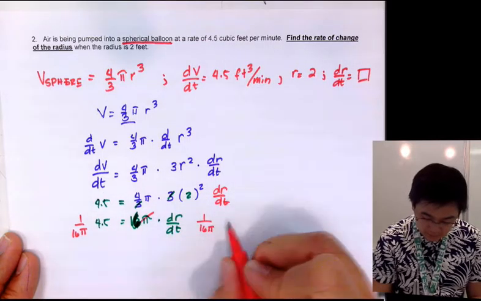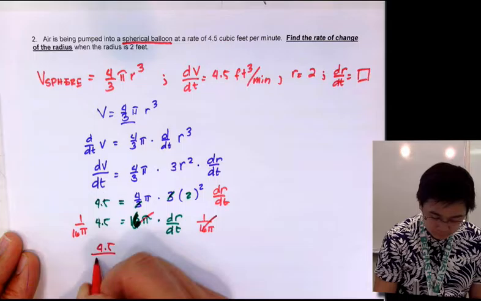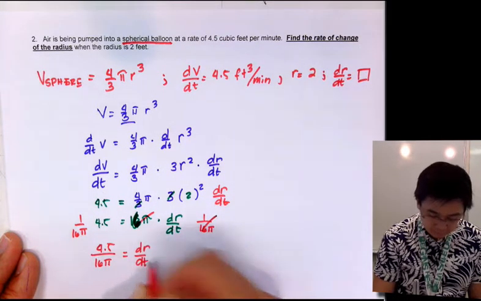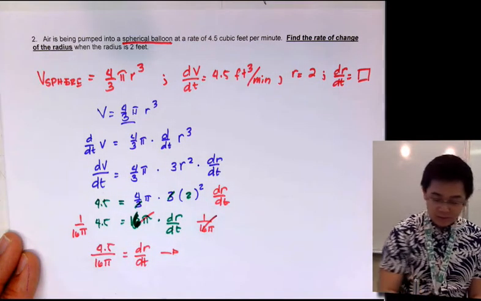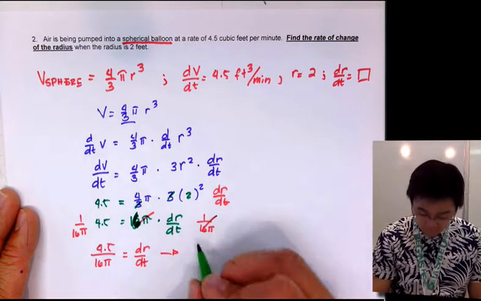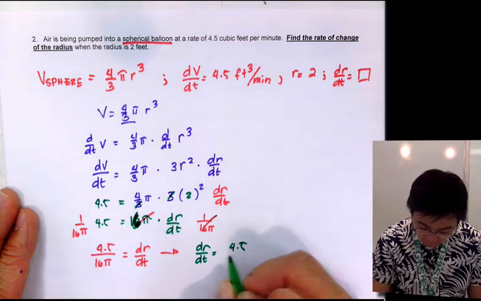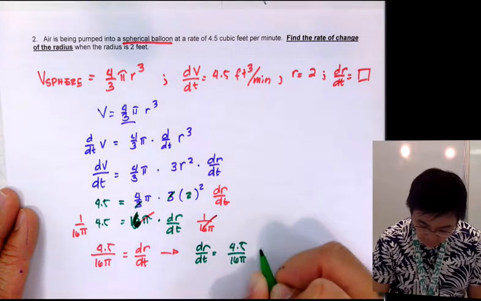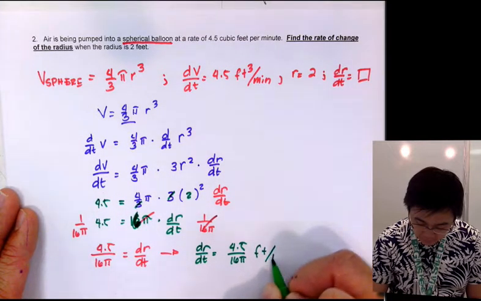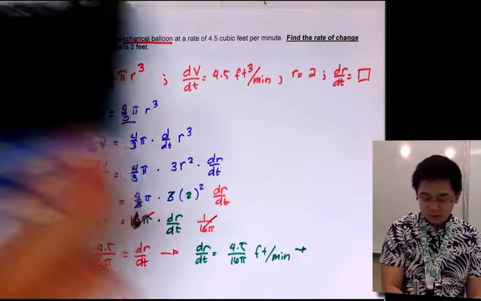So we can cancel this out, so we'll have 4.5 equals dr dt. So that means the rate of change of the radius would be 4.5 over 16 pi. The unit of measurement will be feet per minute. And if you want to change this into decimal form, we can use the calculator.